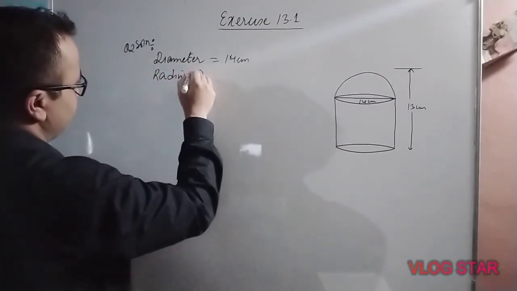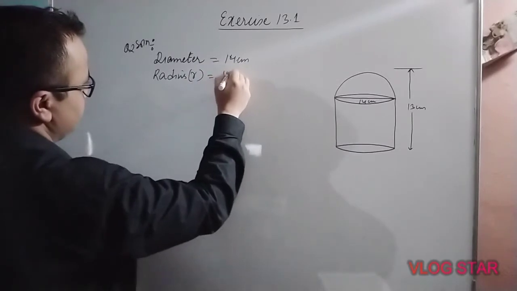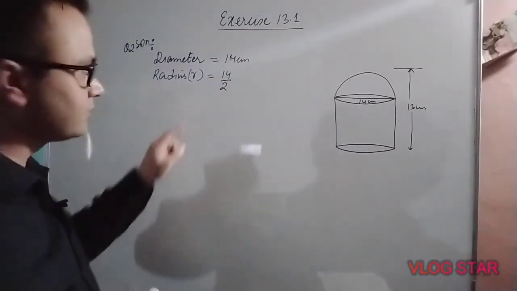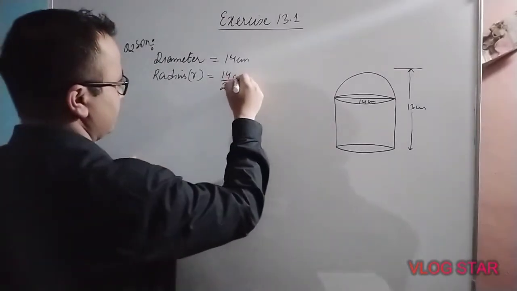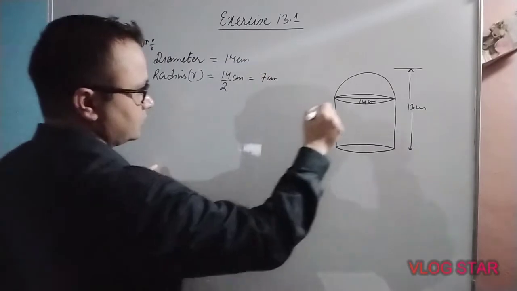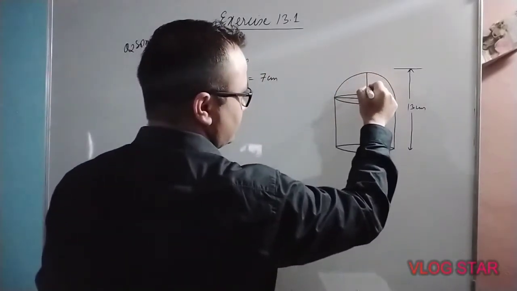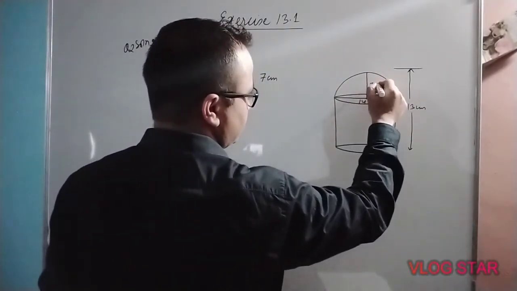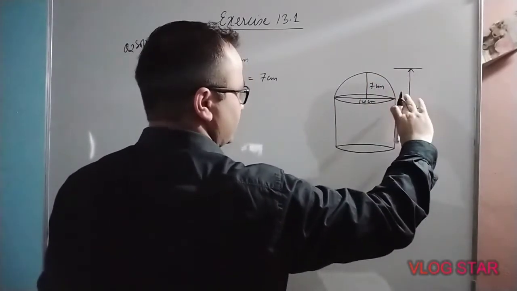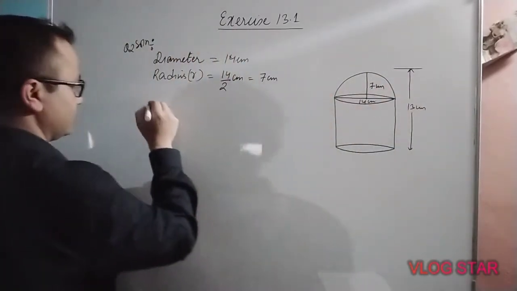Radius R equals 14 divided by 2, because the radius is half of the diameter, so it is 7 centimeter.